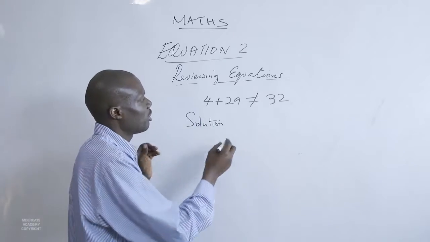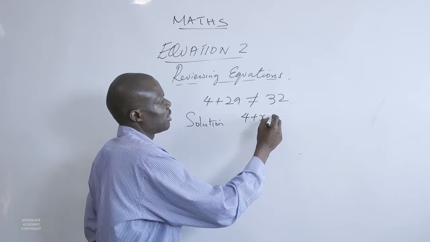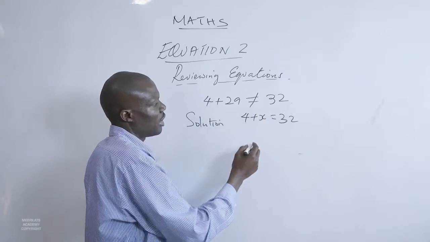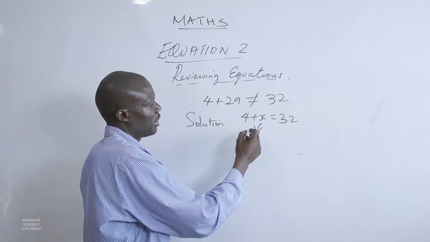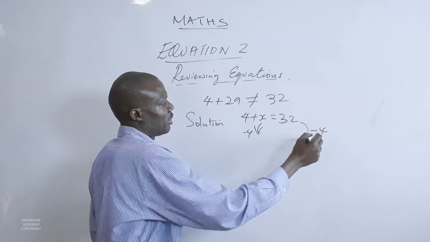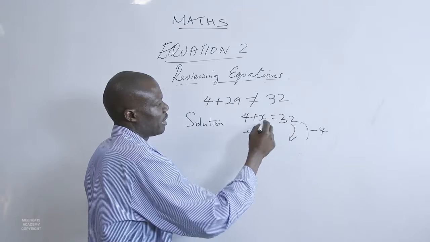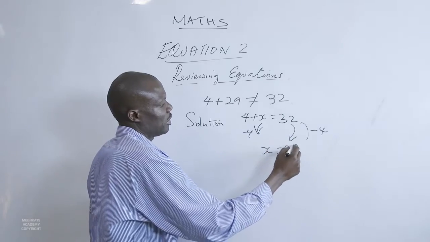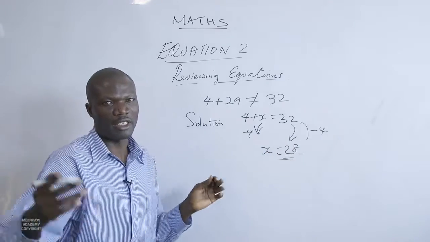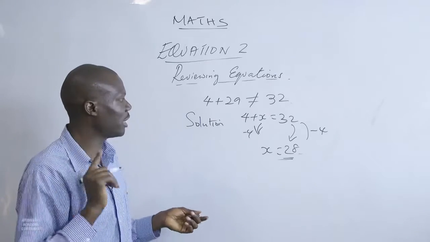If we were to solve 4 plus x is equal to 32, and then we minus 4 here, you'll find that this will give us x is equal to 28. This 28 is a solution.